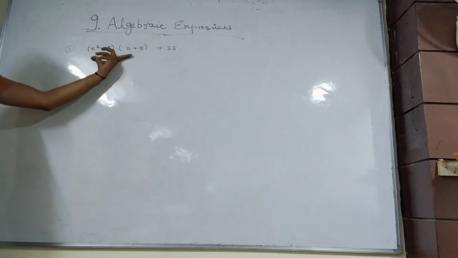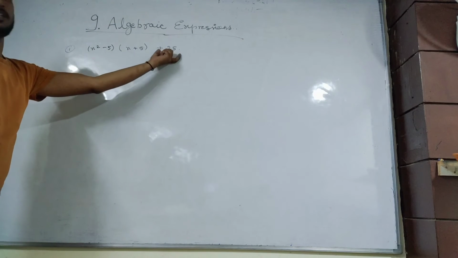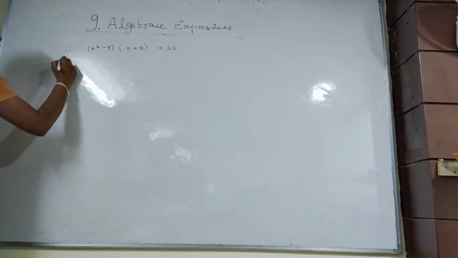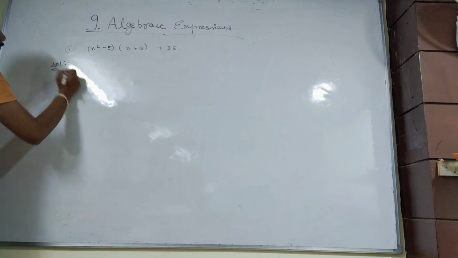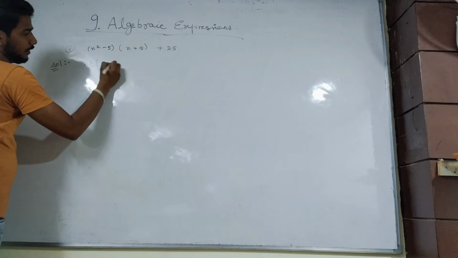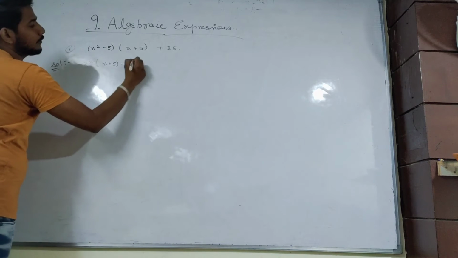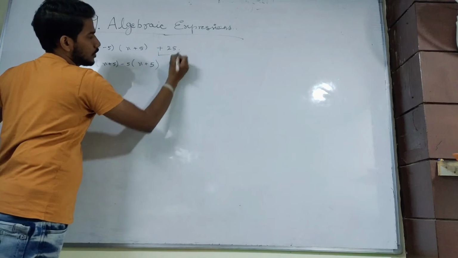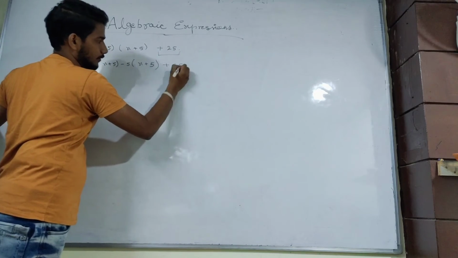Just simply multiply this and add the 25. As in the previous question, we multiply x square by x plus 5 and minus 5 by x plus 5, and the remaining part I will write as it is, plus 25.